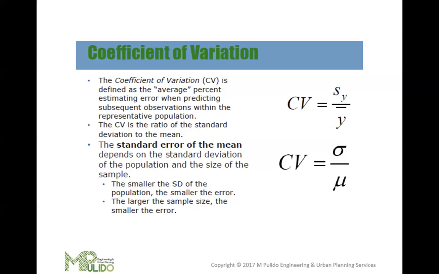The CV, or the coefficient of variation, is useful for comparing the degree of variation between different data sets regardless of their units of measurement. So the CV represents the average percent estimating error when predicting subsequent observations within the representative population. It quantifies the dispersion of data points around the mean in a normalized way.